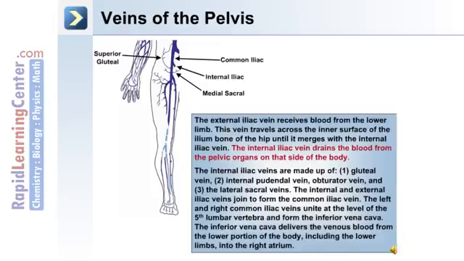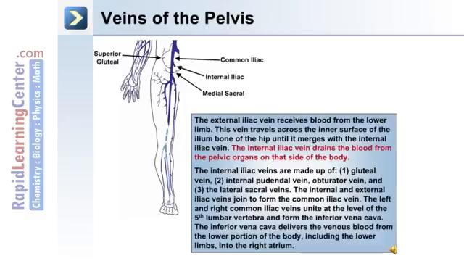The internal iliac vein drains the blood from the pelvic organs on that side of the body. The internal iliac veins are made up of the gluteal vein, the internal pudendal vein, obturator vein, and the lateral sacral veins. The internal and external iliac veins join to form the common iliac vein.